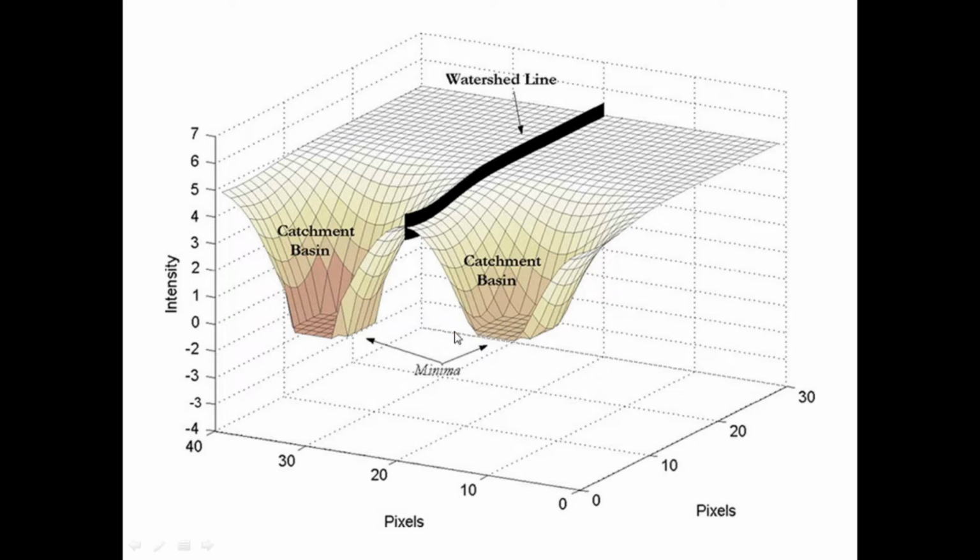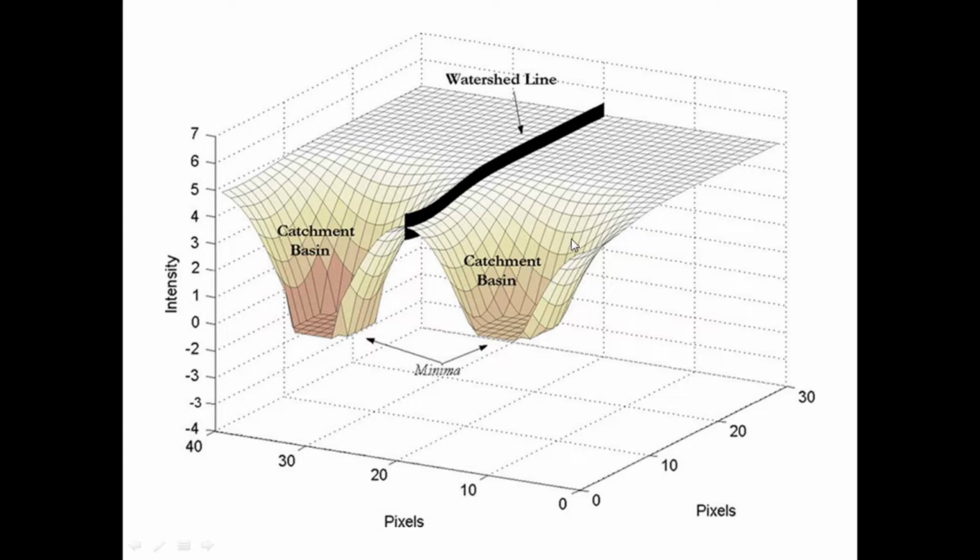Apart from it, we have two catchment basins, which we sometimes call watersheds. Each and every box you can consider as a pixel or a point.